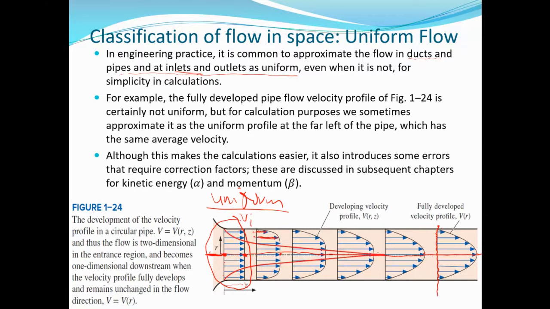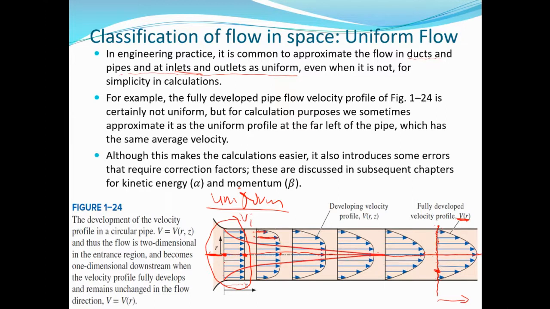But now, when you come to this section, when the flow is fully developed, it means the velocity is no longer changing along the z direction. It only changes vertically, along the radial axis. This fully developed velocity profile will be maintained throughout the remaining sections. So at every section, the velocity remains the same. Even though you may have steady flow here, it is definitely non-uniform.